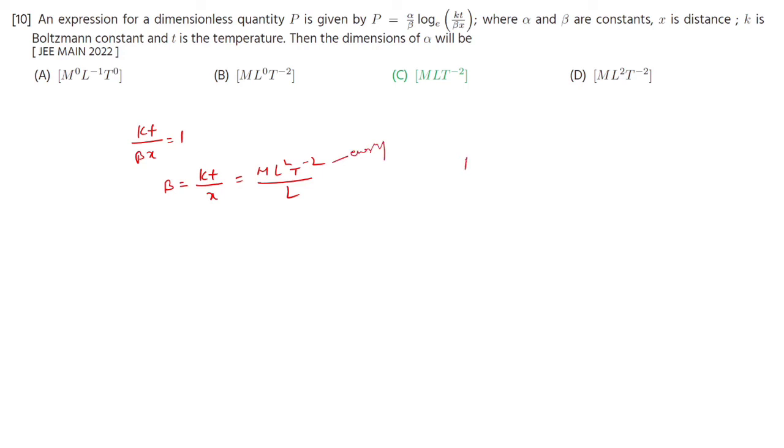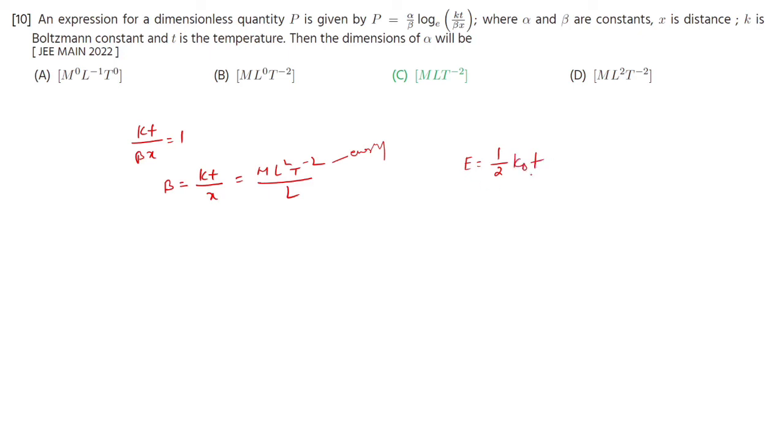How I got the energy dimensions: for energy distribution in kinetic theory of gases, we get the kinetic energy distribution in different directions as 1 by 2 kBT.